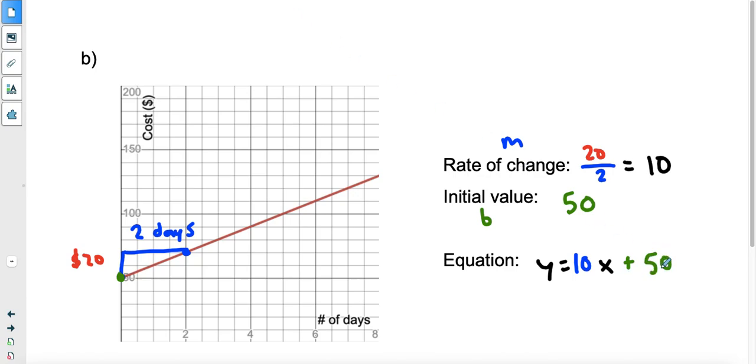And there we go. And again, just like before, we can use different letters to represent y and x here. Because here we can see our y-axis represents cost. So I could also use the letter C to represent y.